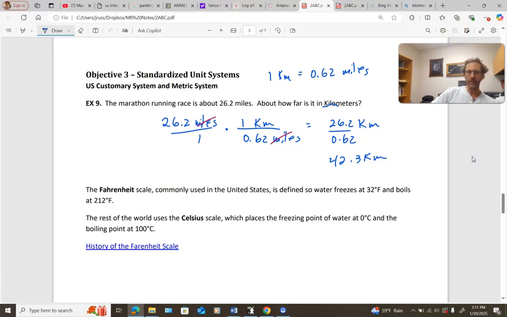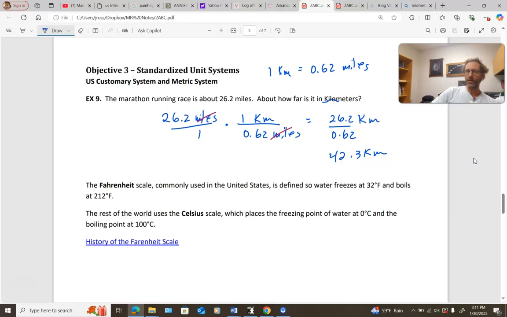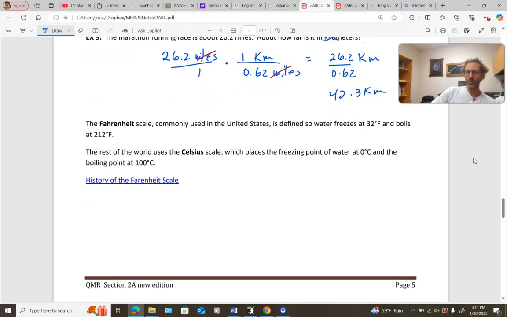All right. Okay, so now let's talk about converting temperature between two scales. So the scale that we commonly use in this country is the Fahrenheit scale, although we use the Celsius scale as well. The Celsius scale is actually nicer in that 0 degrees is designated to be the point at which water freezes, and then 100 degrees is designated to be the point at which water boils at sea level, okay?